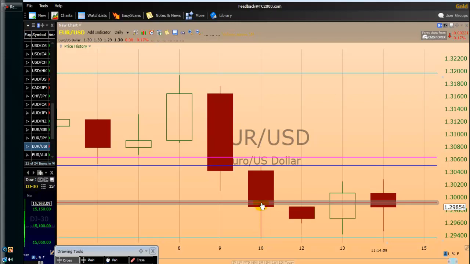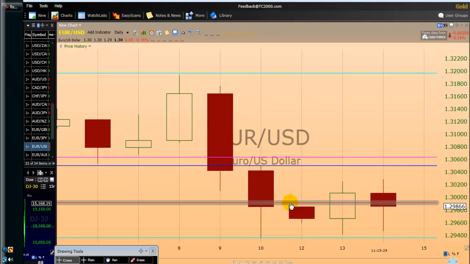For the median line we use exactly the same formula: the high minus the low, divided by 2, plus the low. That gives us exactly the median line for last Friday's candle. It is also a psychological price level. So we have two psychological price levels, the pink line for the weekly chart and the red line here for the daily chart, for the last Friday candle. Are you following me?